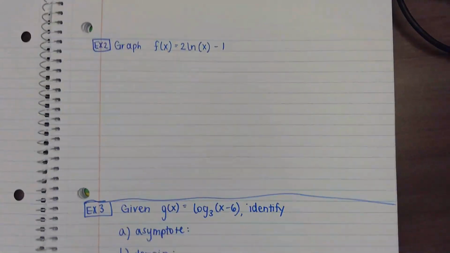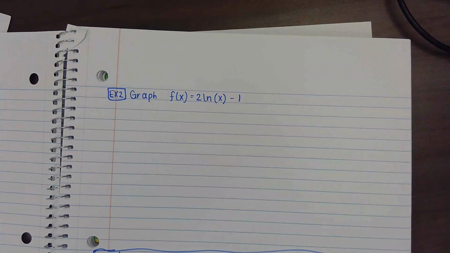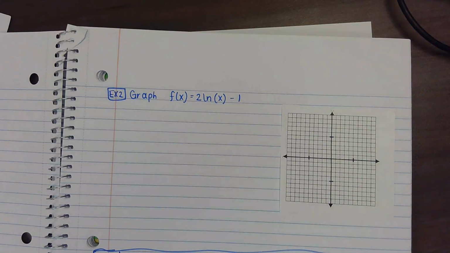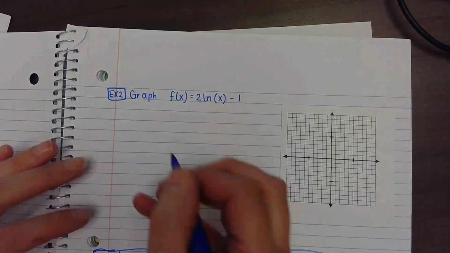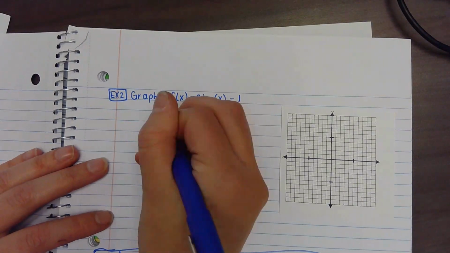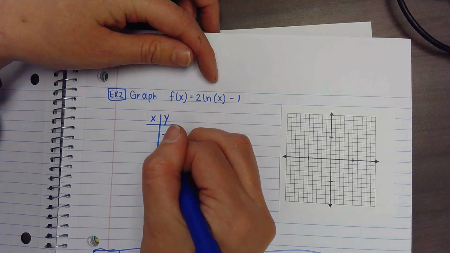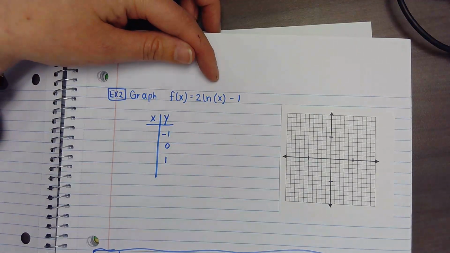Example 2. Graph f of x equals 2 times the natural log of x, minus 1. I'm going to make my table again, my parent function. So x and y. This is a log function, the inverse of an exponential. So -1, 0, and 1 are my y values.